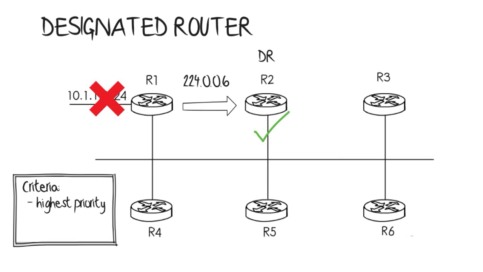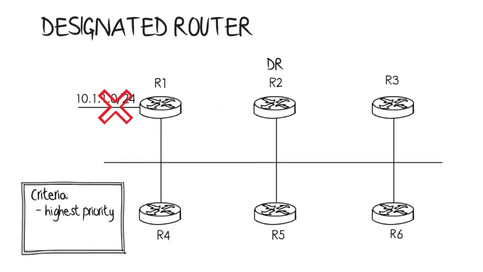So the other routers at layer 2 will drop this update. OSPF residing at layer 4 in the OSI model will not see this update on the other routers. So routers 3, 4, 5 and 6 from an OSPF point of view at layer 4 will not receive the update. Only router 2 will receive the update. So logically what happens? The link goes down. Router 1 is updating router 2, the designated router, by sending a multicast to this address.